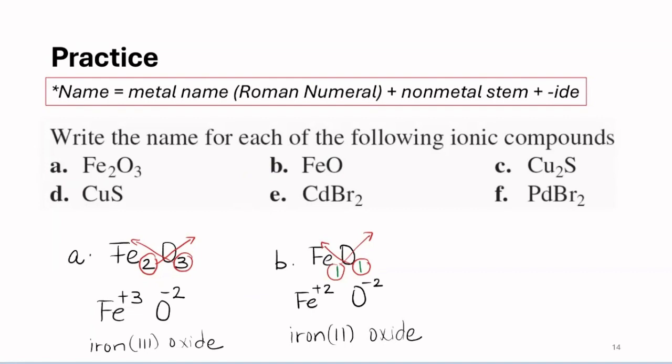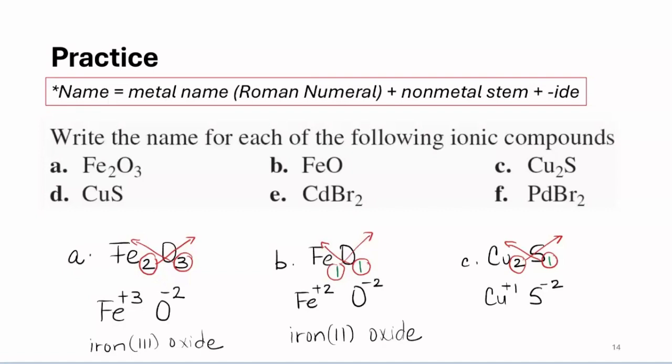Let's go over letter C. In letter C, we have Cu2S. We can see that there's not a number next to the sulfur, so we can assume that there's a value of 1. And then as we have done in the other 2 examples, this value of 1 used to be the charge of the copper. This value of 2, that is the subscript in copper now, used to be the charge of the sulfur. When we write the chemical formula for the ions, this is Cu+, S2-.